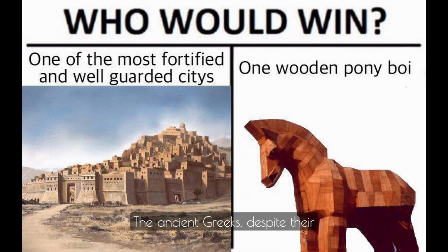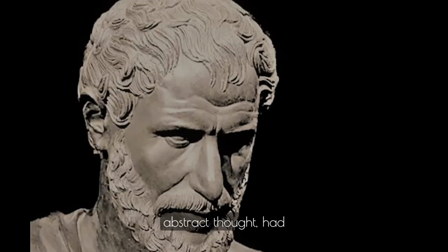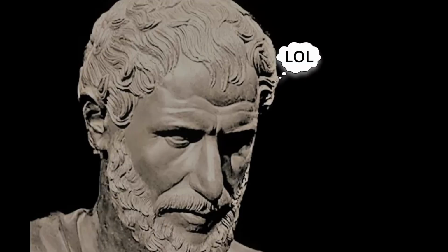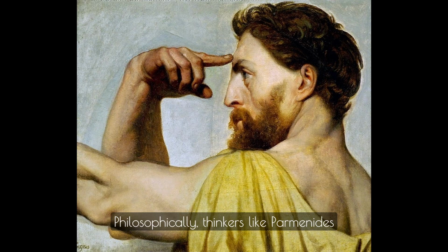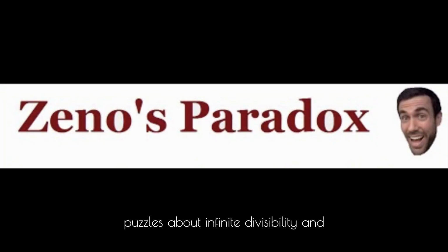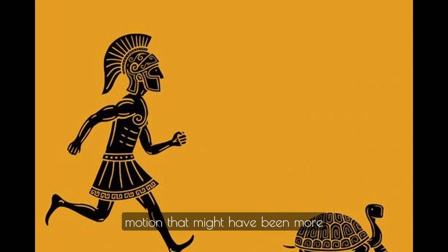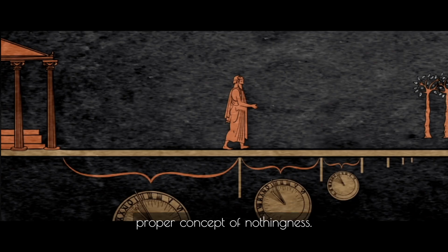The ancient Greeks, despite their brilliance in geometry, logic, and abstract thought, had no numeral for zero. Philosophically, thinkers like Parmenides argued that what is not cannot be thought of or spoken of, while mathematicians wrestled with puzzles about infinite divisibility and motion that might have been more approachable with a proper concept of nothingness.